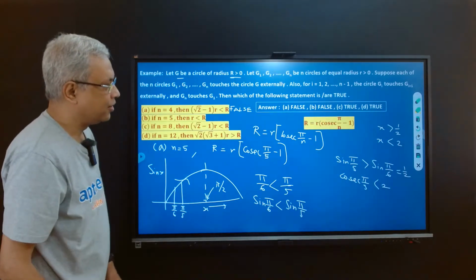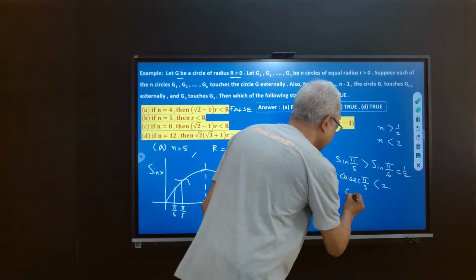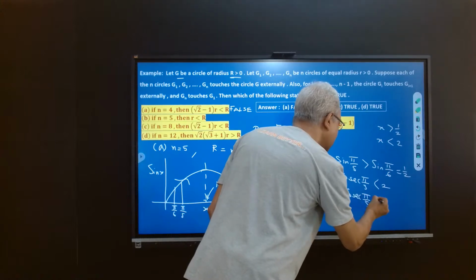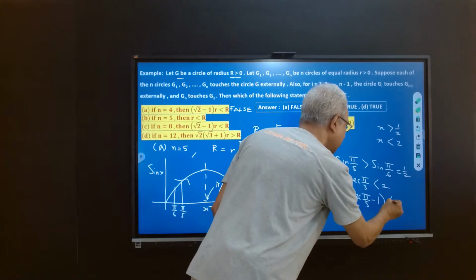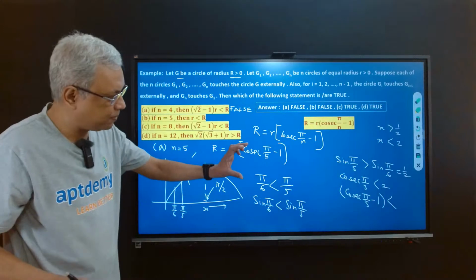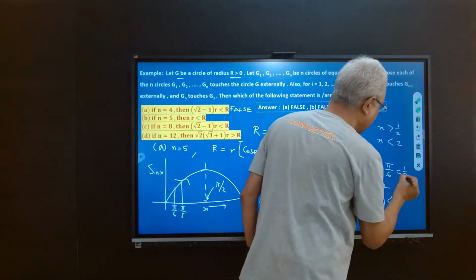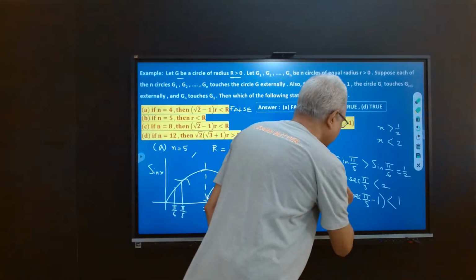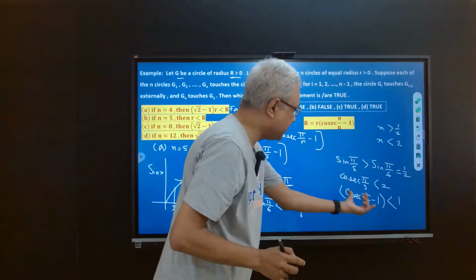So cosec pi by 5 minus 1 is less than 2 minus 1, so cosec pi by 5 minus 1 is less than 1. Now, this is an inequation.